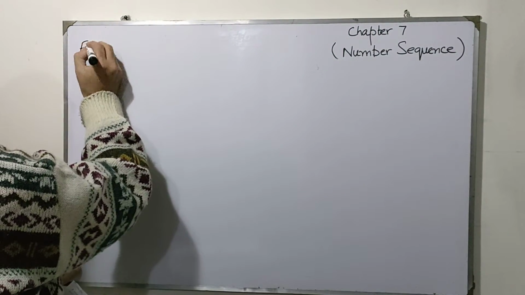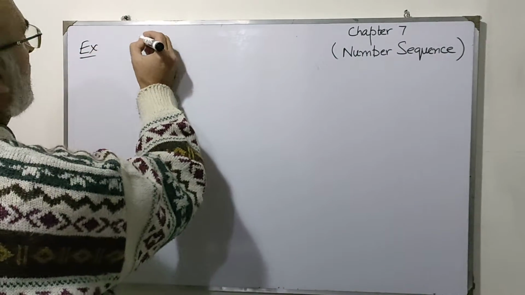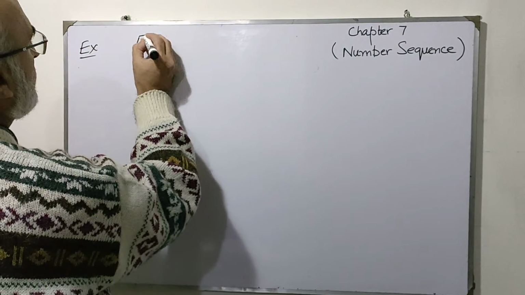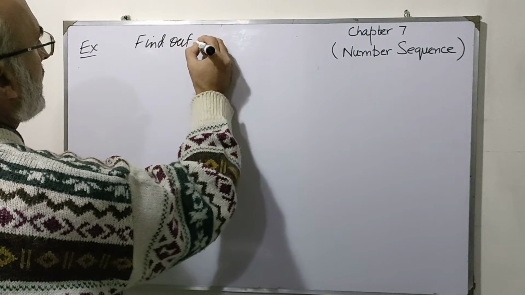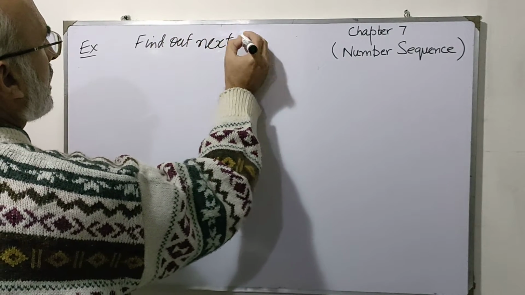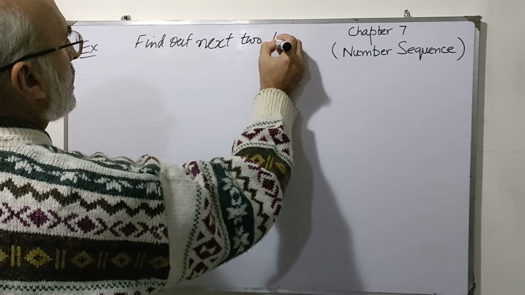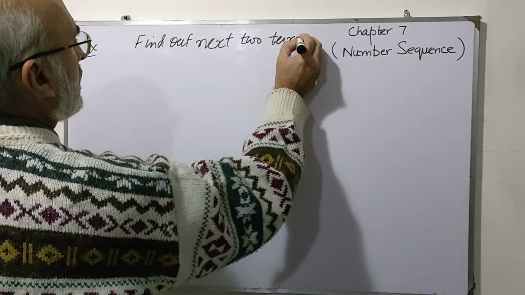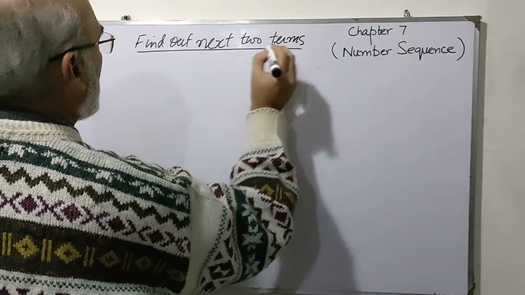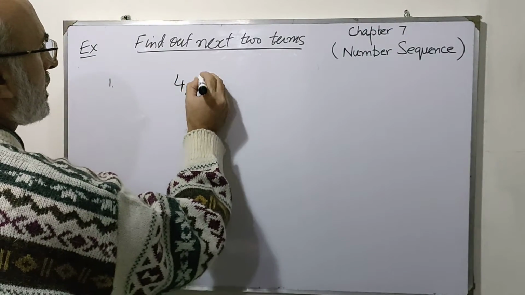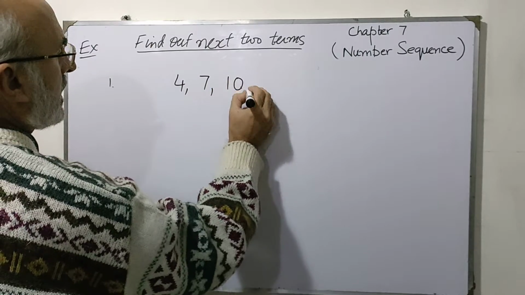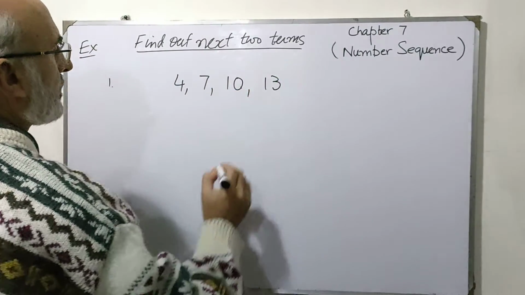Example. And in these examples, we'll find out the next two terms. So the first example is 4, 7, 10 and 13.